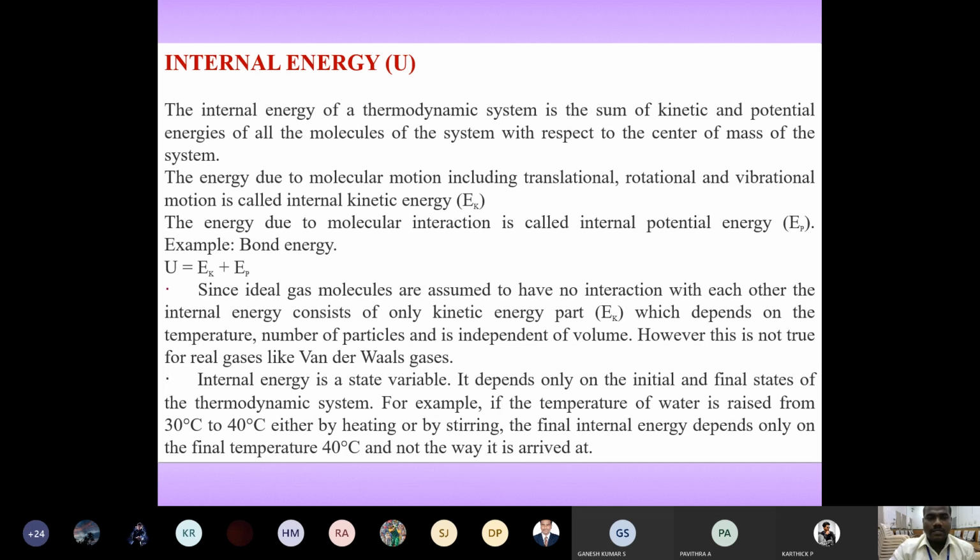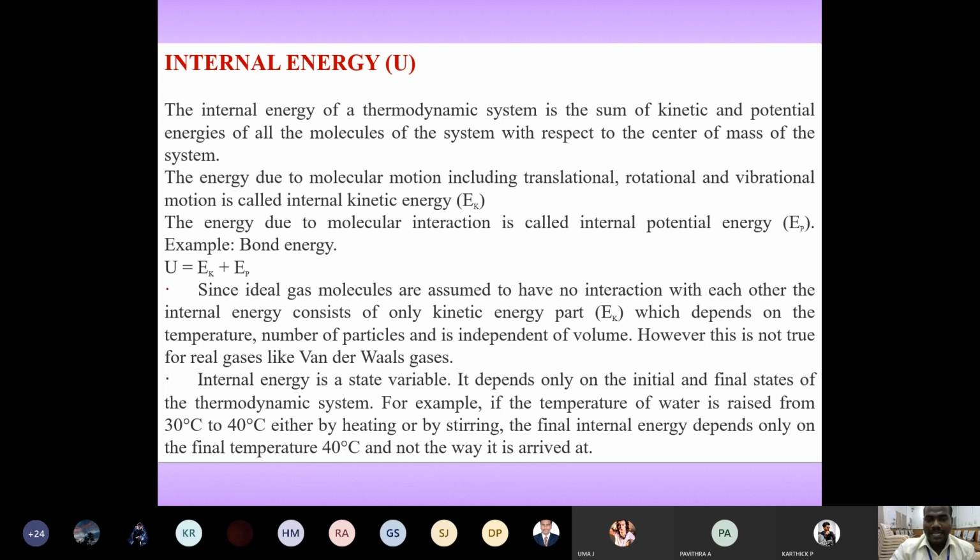However, this is not true for real gases like water vapor. This condition is only for ideal gases, but in the real gases we can't consider this one, right? Then internal energy is a state variable, right? Internal energy is a state variable.